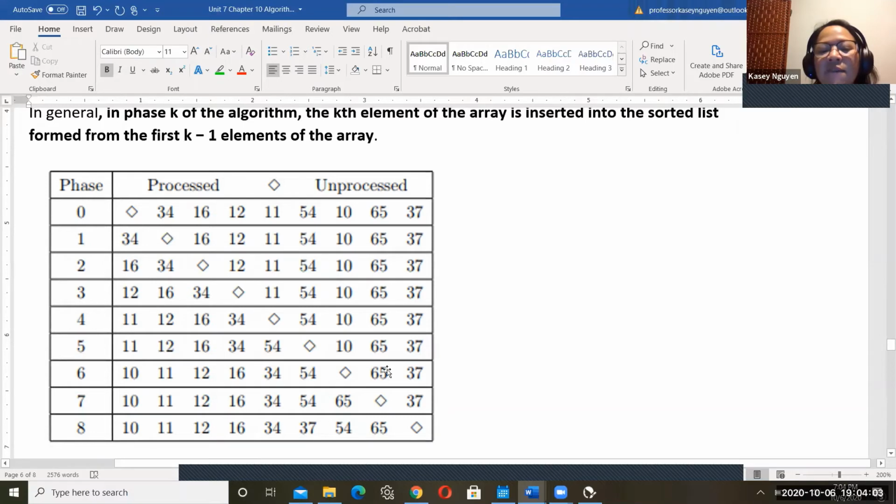And then 65, since 65 is higher than 54, we just move it behind 54. 37, right? We have to compare, is it higher or lower than 65? It's lower than 65, so it needs to go before. So we have to get it to be right here between 34 and 54.